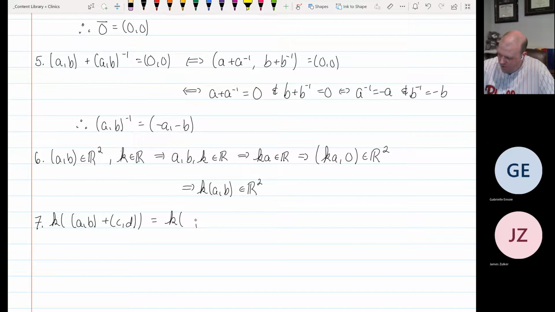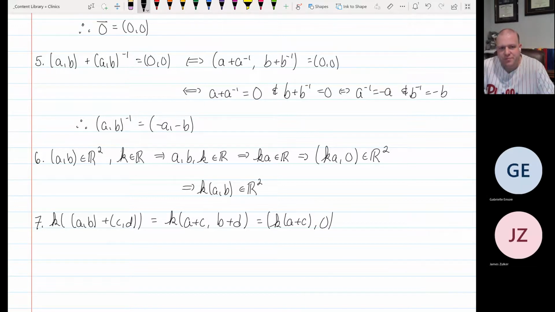We're going to get A plus C, B plus D. By definition of scalar multiplication, this is K times A plus C comma 0. We're dealing with real numbers. That's KA plus KC. And then I'm just going to write 0 plus 0.